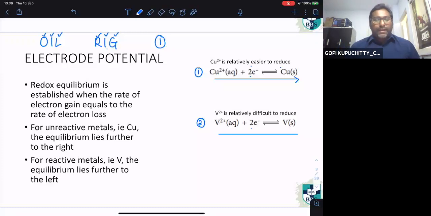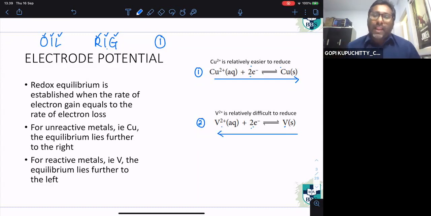If you look at a reactive metal like vanadium, it has a tendency to lose electron. So of course vanadium will lose electron, forming 2 electrons and V2+. The position of the equilibrium is more towards the left. This is important once you find it out.